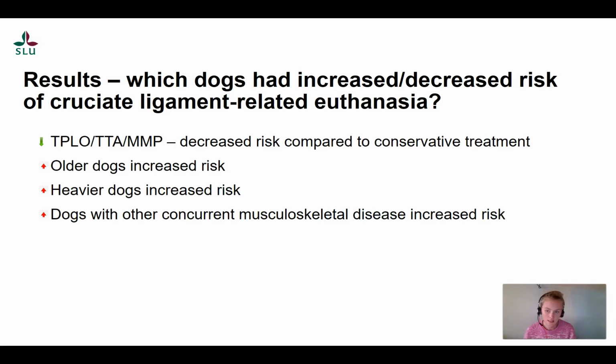We can suspect it, but we need more research, because it might have been that dog owners with limited economy chose conservative treatment for their dogs, and that they couldn't afford to proceed with further treatments such as follow-up veterinary visits or visits to do physiotherapy, etc., and that they chose euthanasia instead. So we need more studies to evaluate the results of conservative treatment after cruciate ligament rupture.